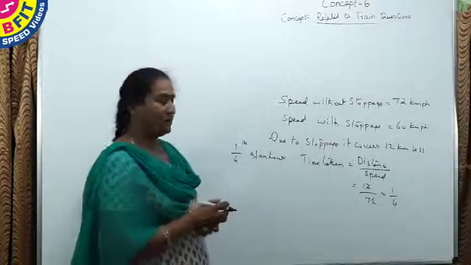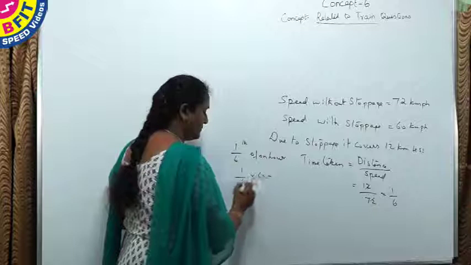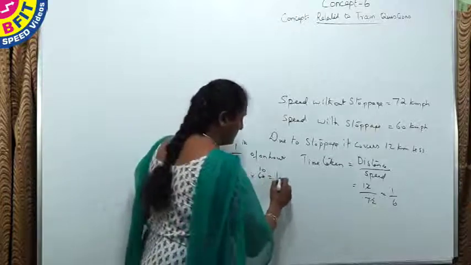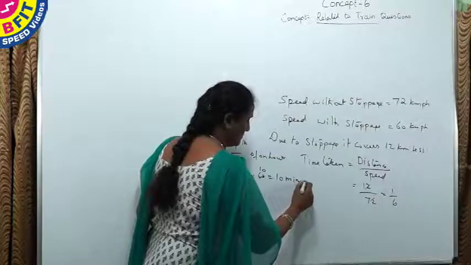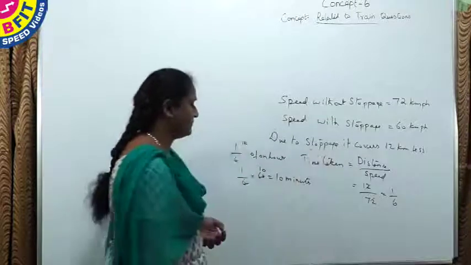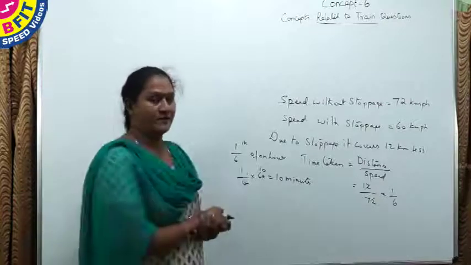To convert it into minutes, multiply it with 60. So the stoppage time per hour is 10 minutes.